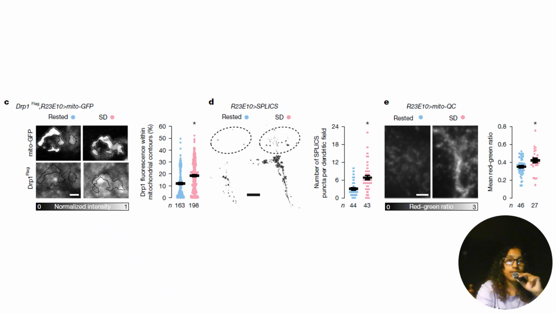So this leads us to the SPLICs. The SPLICs are used to measure the number of contact sites between mitochondria and the ER, and sleep deprivation increases the number of these contact sites in DFNBs, as you can see in the figure. And it facilitates the process of lipid transfer and mitochondrial biogenesis, which brings us to the mitoQC.